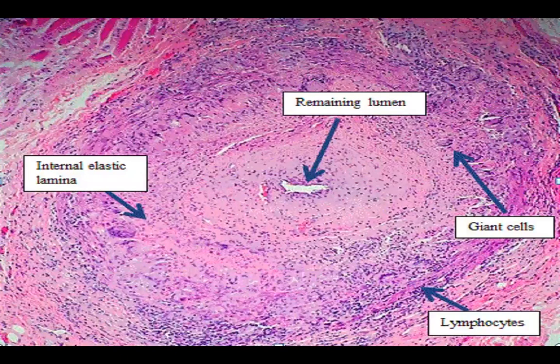Here is a biopsy taken from the temporal artery in a patient with GCA. There is transmural infiltration, there is disruption of the internal elastic lamina, and as you see here, narrowing of the lumen.